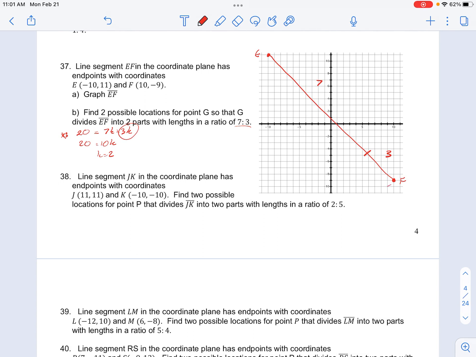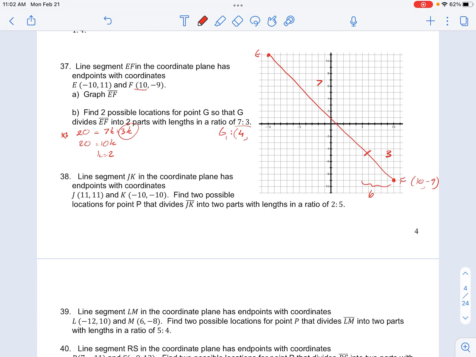So we're going to move 6 back from F, so G1 will be our value for F at X, which is 10, minus 6, which will give us 4 for our X at G1.